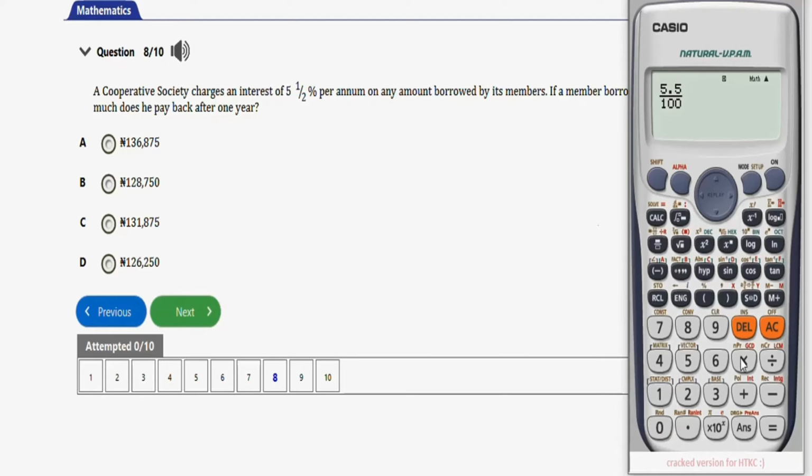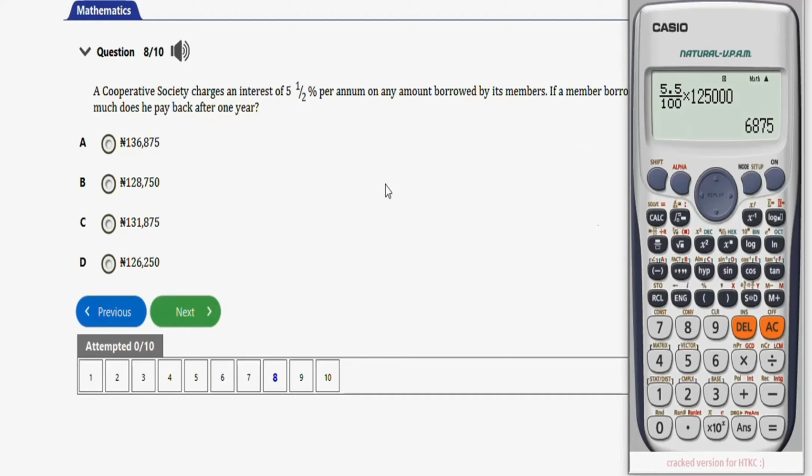times 125,000 naira. So that's equal to the interest the cooperative society charges. This is the interest we pay back after 1 year.